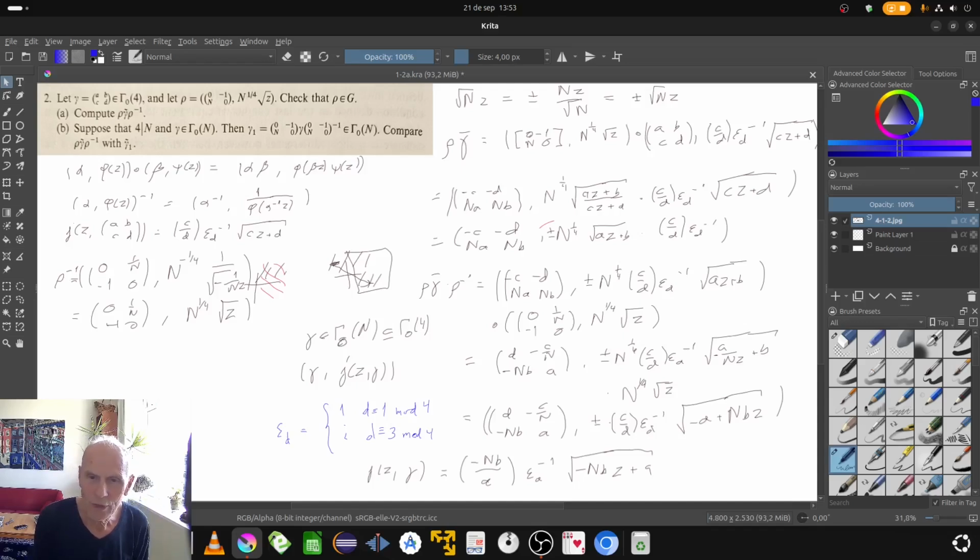We already have an ambiguity of sign, so whatever sign these symbols make, plus minus 1, that's just eaten by this ambiguity. So we need to check epsilon a times epsilon d. A and d, their product gives unity modulo 4, so that means they have the same parity.